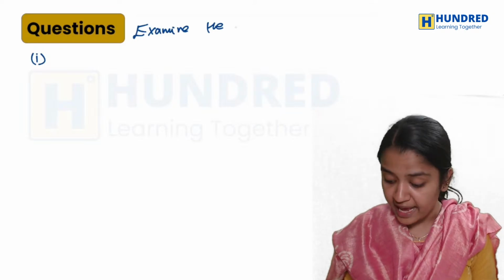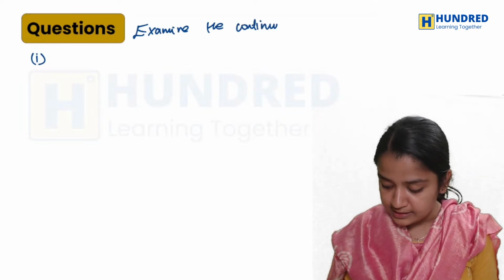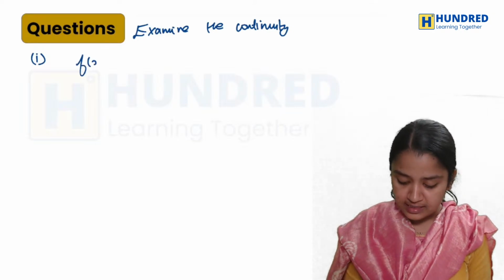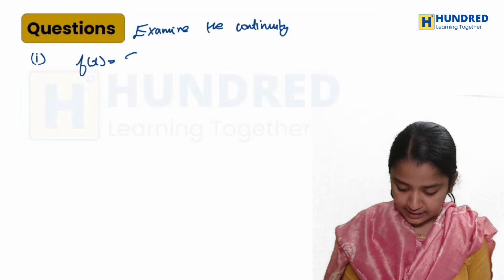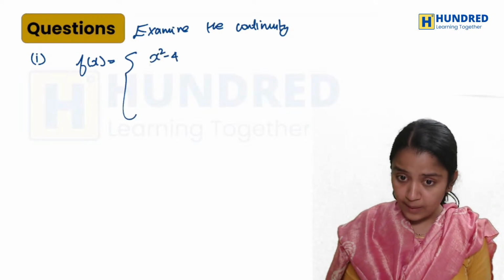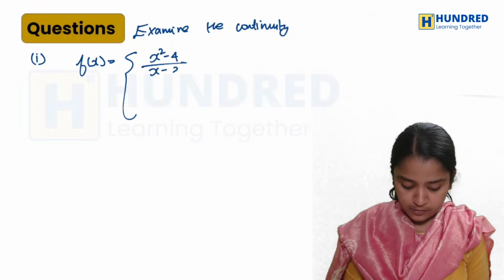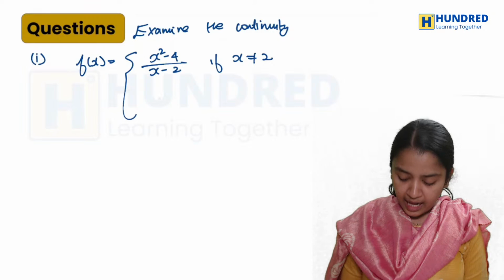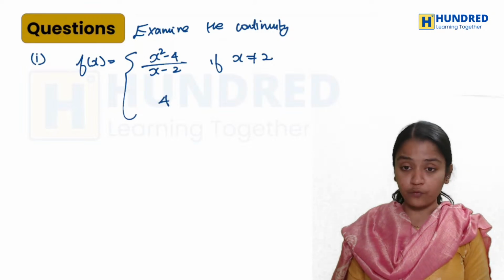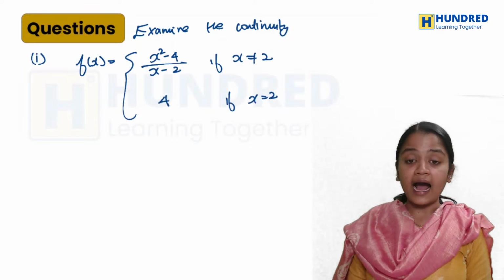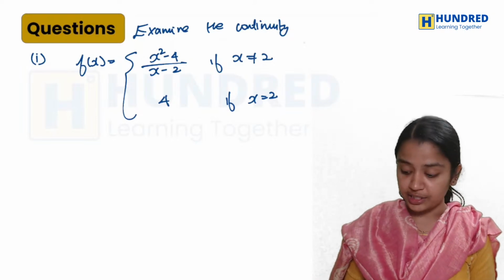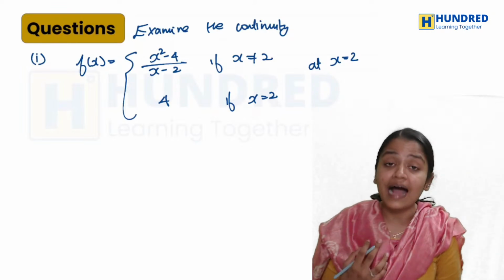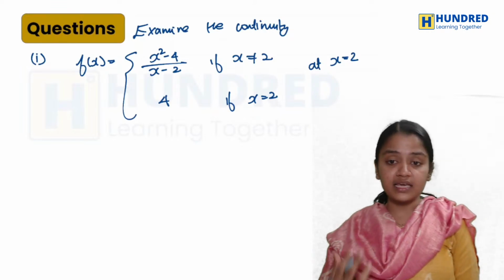Now I have my f of x, which is equal to x square minus 4 divided by x minus 2 if x is not equal to 2, and 4 if x is equal to 2. They are asking us to examine the continuity at x equal to 2.